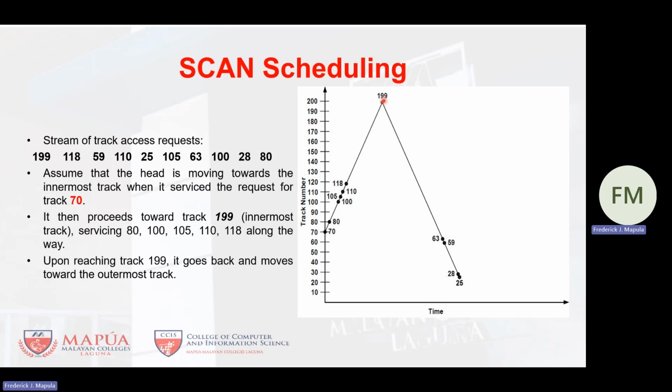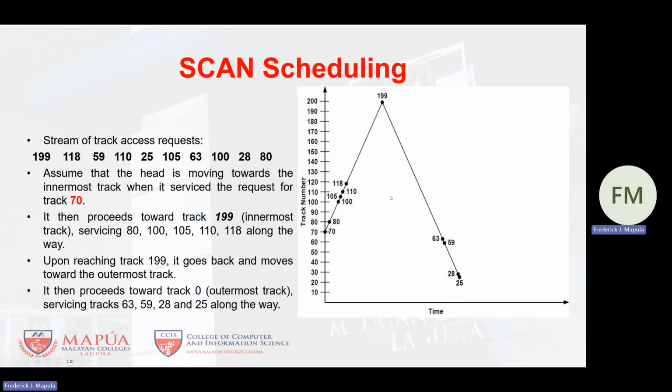Okay? And then upon reaching 199, it goes back and moves towards the outermost. Outermost is 0. Okay?